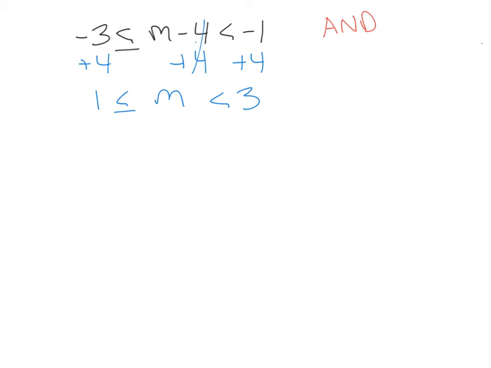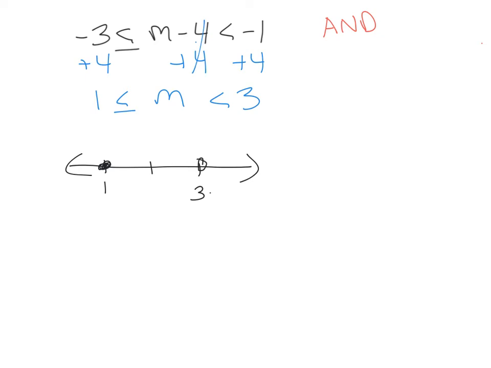So on our graph, we only have to do the one graph, of course. We go from 1, I'm just going to throw 2 in there, 3 in there as well. On the 1, it's closed because m is greater than or equal to 1, and then m is less than 3, so that's an open circle.